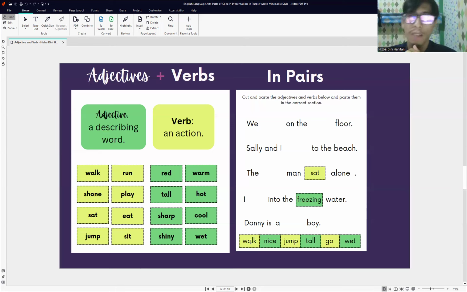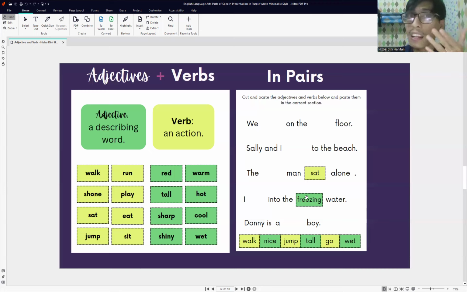Take a good look. Wet floor. See, the word wet as adjective follows the floor as a noun. What else? Freezing water. The water is the noun followed by freezing as adjective. So adjective normally follows a noun.